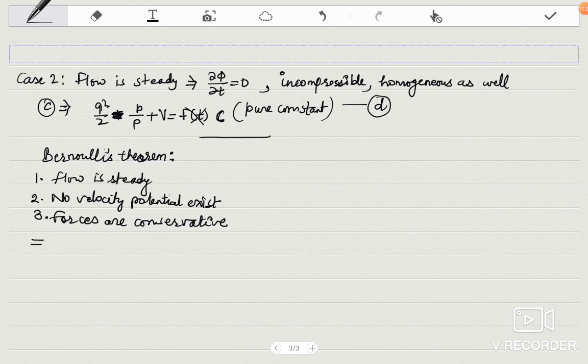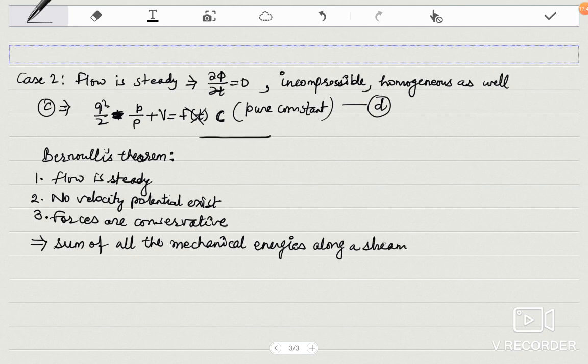Then the theorem says the sum of all the mechanical energies along a streamline is 0.